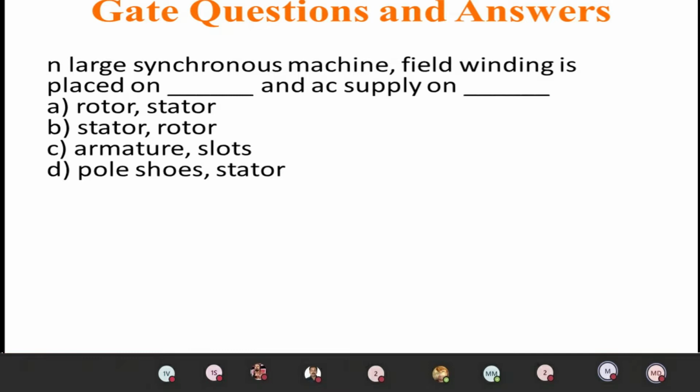Later, we move to the stationary part. While we are including the field in the stationary stator, we can increase the voltage. Once you increase the voltage, you must increase the insulation, and insulation is related to a rise in weight.